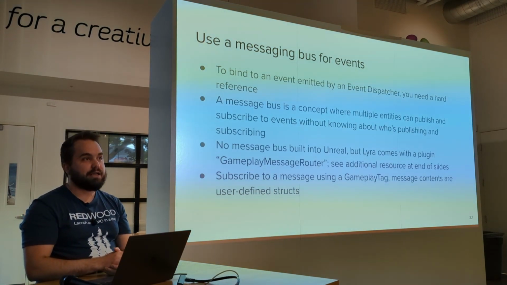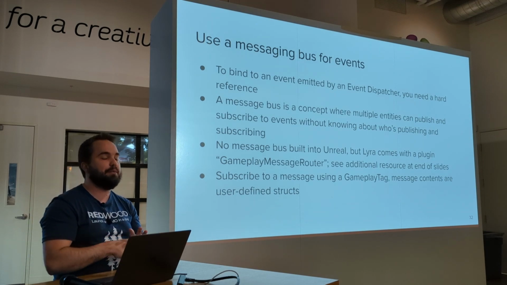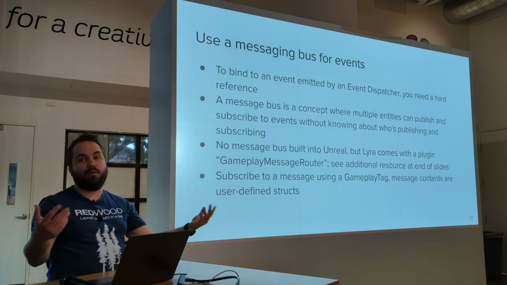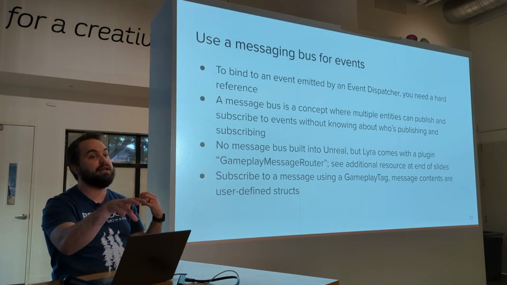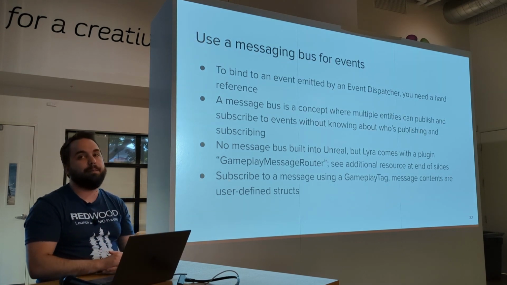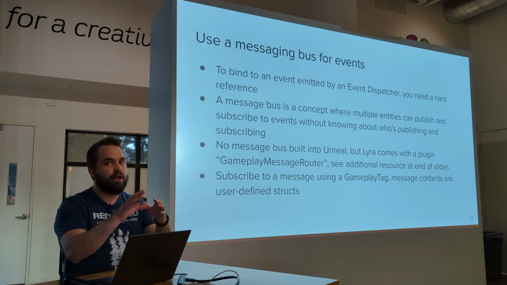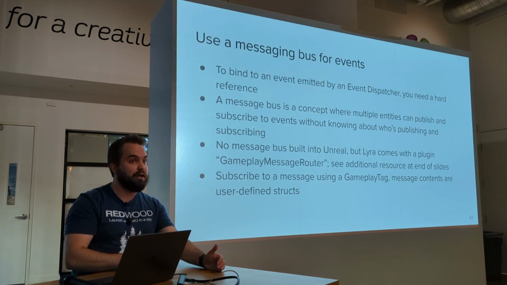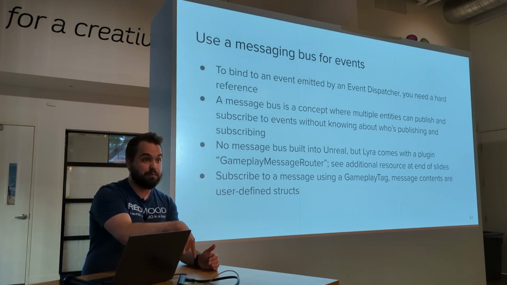And so it is the true nature of a pub sub interface, publish subscribe, where it's: I want to know when it happens, I don't care when or who it comes from. That could be part of the payload that you send, where it came from. So it's less useful if you've got like 1,000 of a certain type of actor and they're all publishing events, because maybe you want to know that it happened for a specific actor.